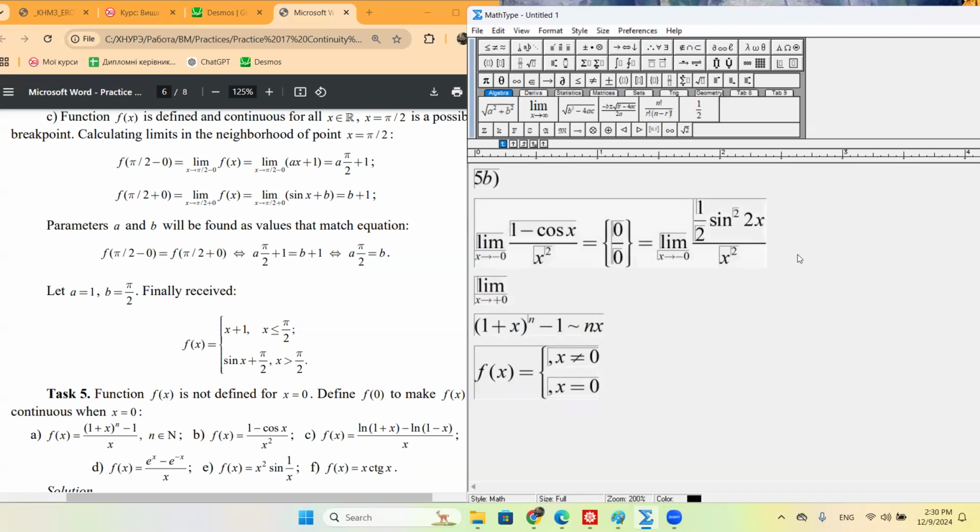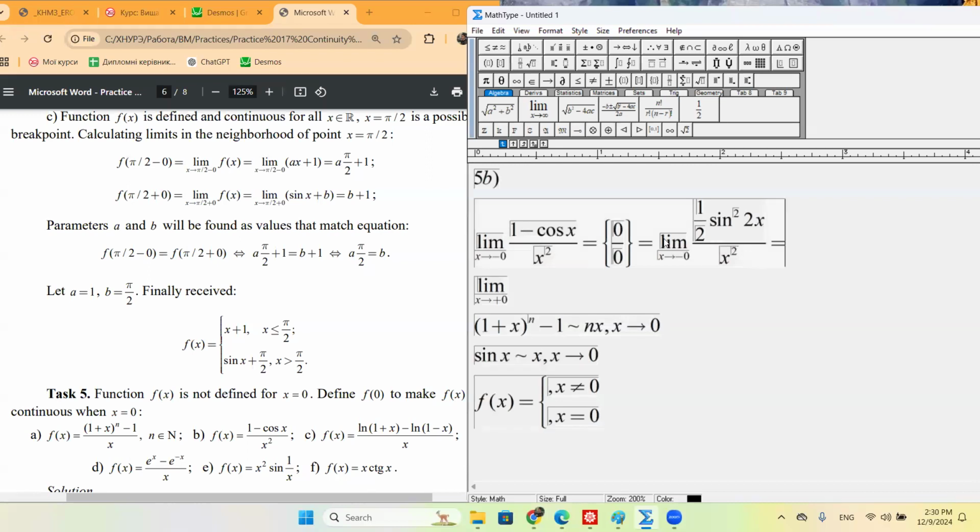So the next. And now we will use the equivalences. So we remember that sine of x is equivalent to x when x approaches 0. And also this equivalency is true when x approaches 0 as well.